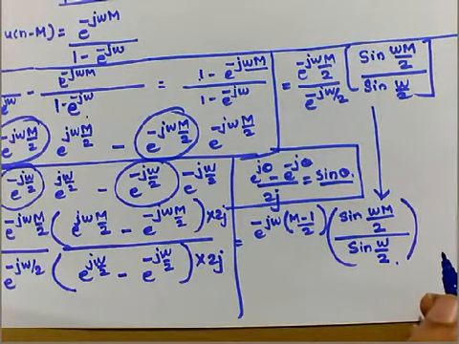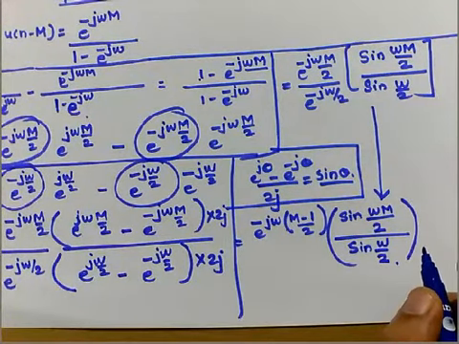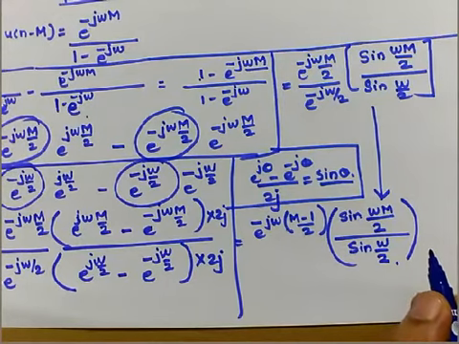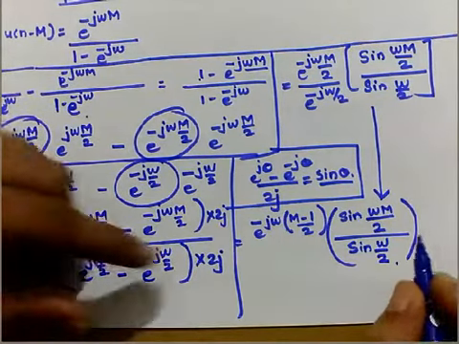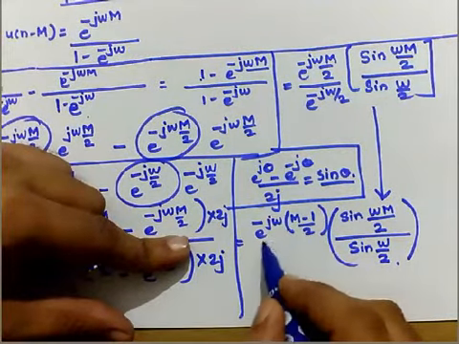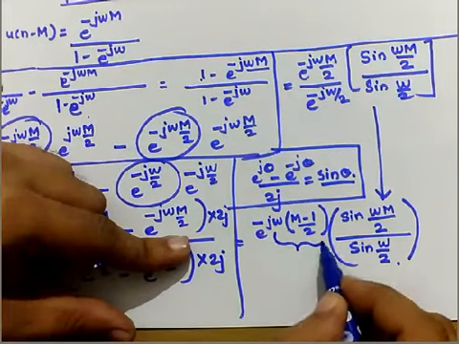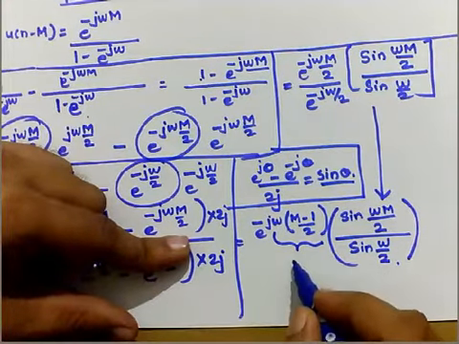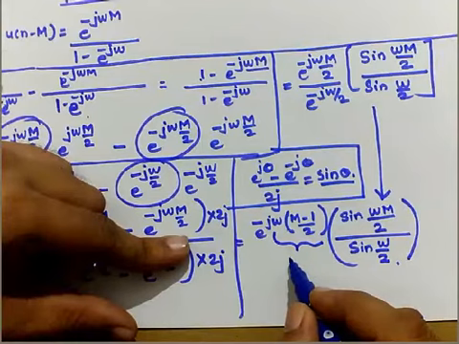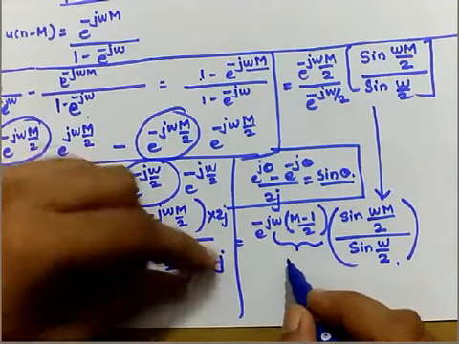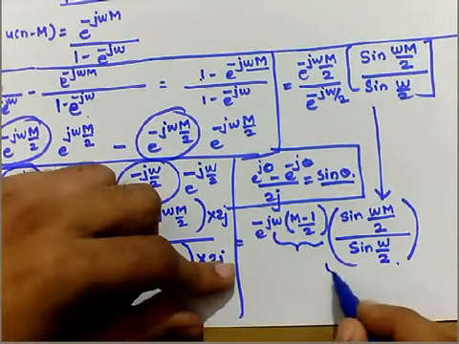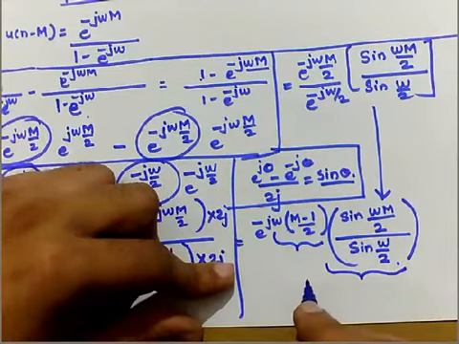Now to solve it further, when we want to write it like magnitude as well as the phase, this particular term e raised to j and the angle will become its phase. So the angle or the phase, and this term will become its magnitude.